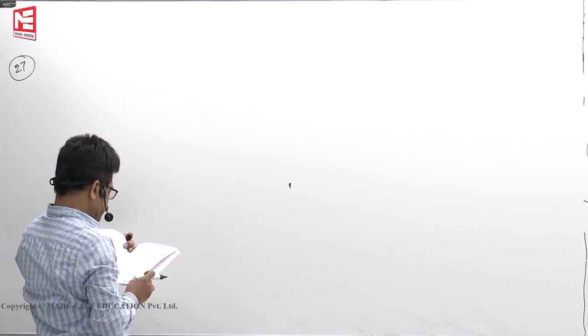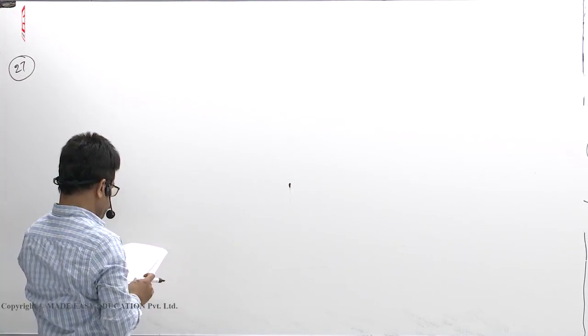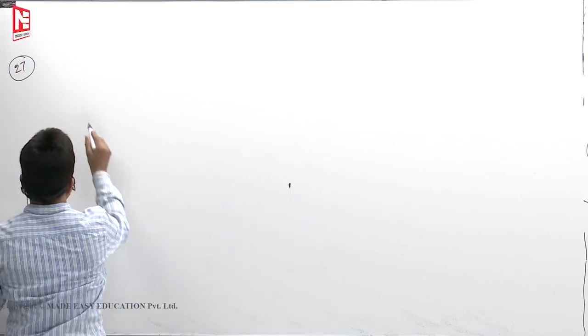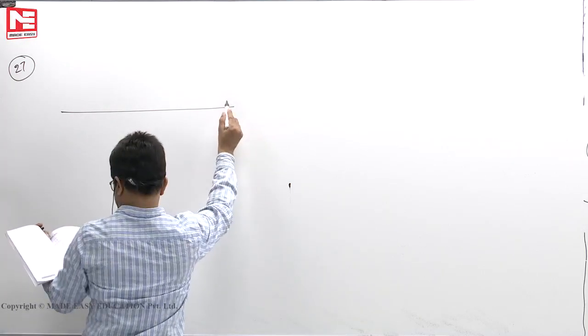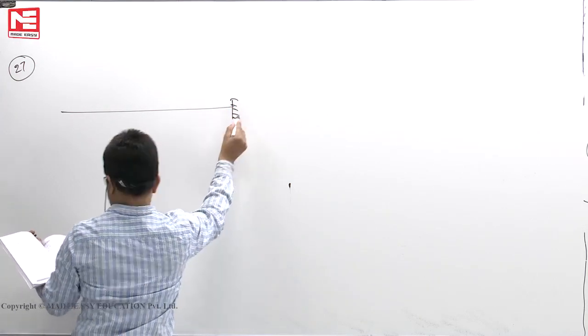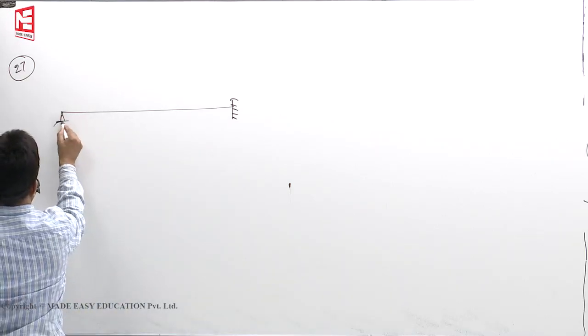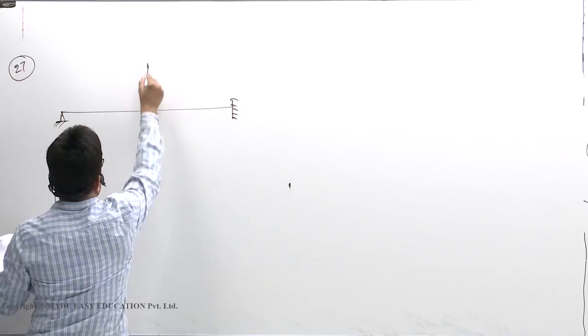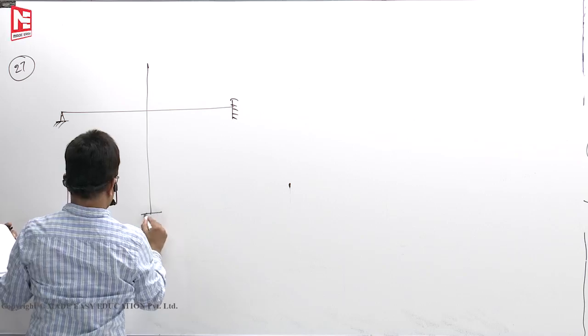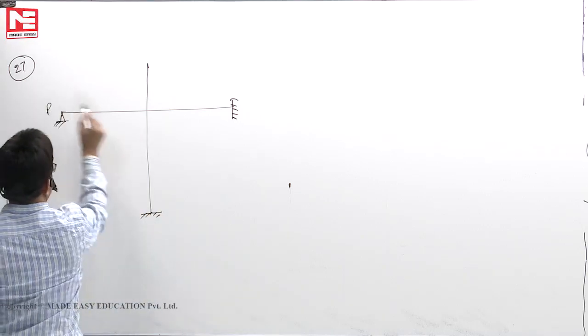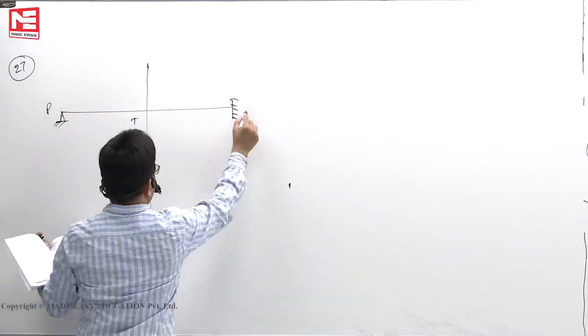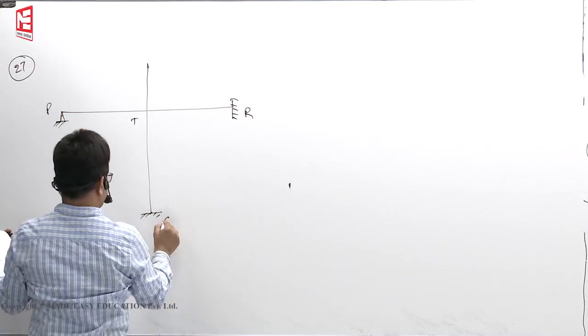Find the magnitude of bending moment at Q due to the given loading. It's like this: fixed, hinge, fixed, P, T, R, Q.